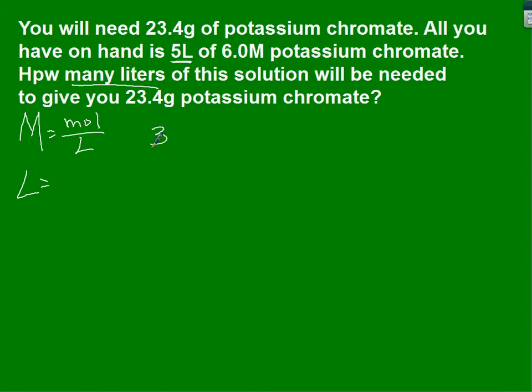Is that true? Is that the same setup as this? Yes. When in doubt, 3 equals 6 divided by 2. Which one am I looking for? The 2. So how do I rearrange 3 and 6 to get 2? 6 divided by 3. So moles divided by molarity gives me the correct one. Simple, simple, simple. If I still taught physics, that would come in handy so much.